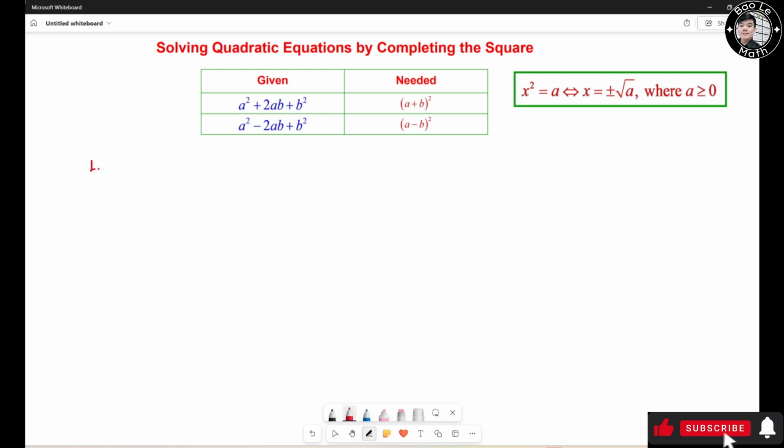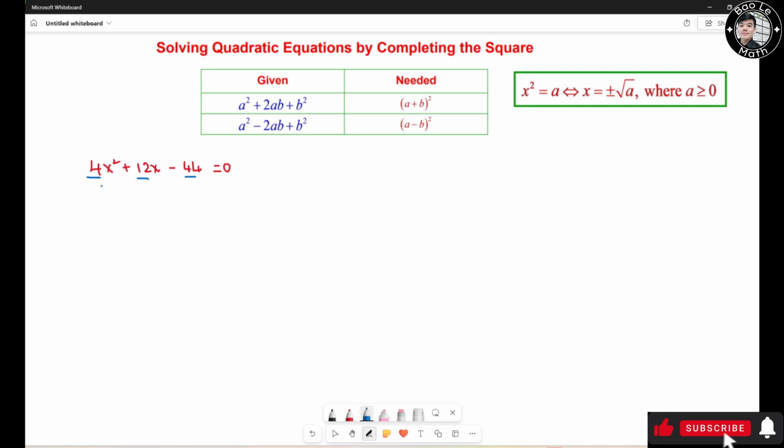For example, we need to solve 4s squared plus 12s minus 44 equals 0. Alright, so I look at this one, I see that the GCF of these three terms is going to be 4. So if you can divide both sides by the GCF, go ahead and do that first before you solve the quadratic equation.